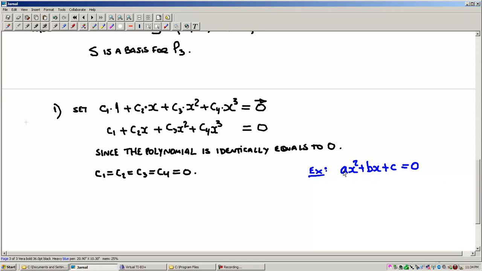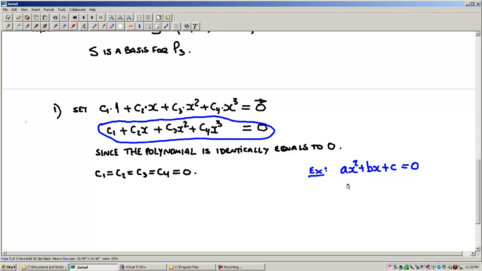Now, if I say that this is identically equal to 0, if this is the 0 polynomial, then I'm saying that no matter what x is, this needs to be 0. It doesn't matter what x is. We're not solving this equation for x. We're solving for the coefficients. So x can be anything. Actually, this relation needs to be satisfied for all x's.